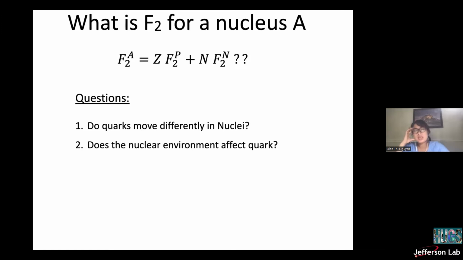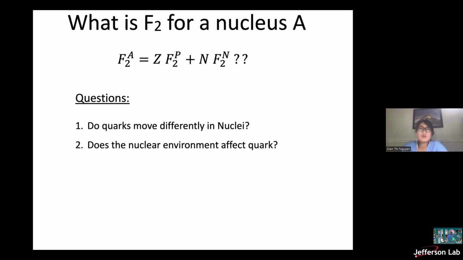It depends on whether quarks move differently in the nucleus and whether the nuclear environment affects the quark. In a simple way, the question is: does the free nucleon, standing alone, behave in the same way as the bound nucleon inside a nucleus or not? That is the question we want to answer.